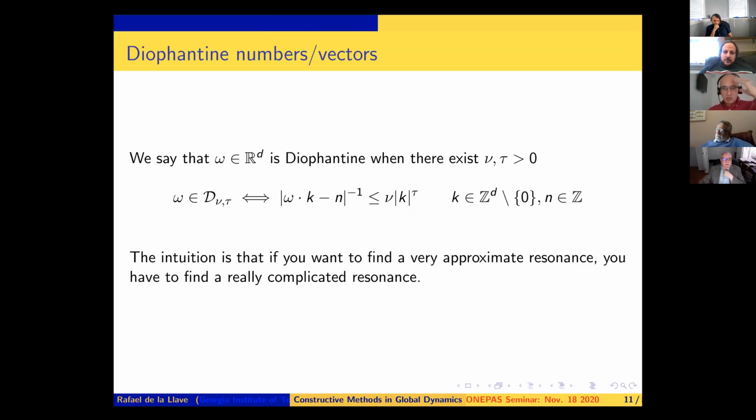So let me tell you what I mean by a number in R^d being Diophantine. A frequency is Diophantine when, of course, if you have any rational numbers, then you can get approximate resonances, because every number can be approximated by rationals. But the thing you want to understand is that if you want to find an approximate rational, then you have to use crazy numbers, right? This is the game that people always try to play.